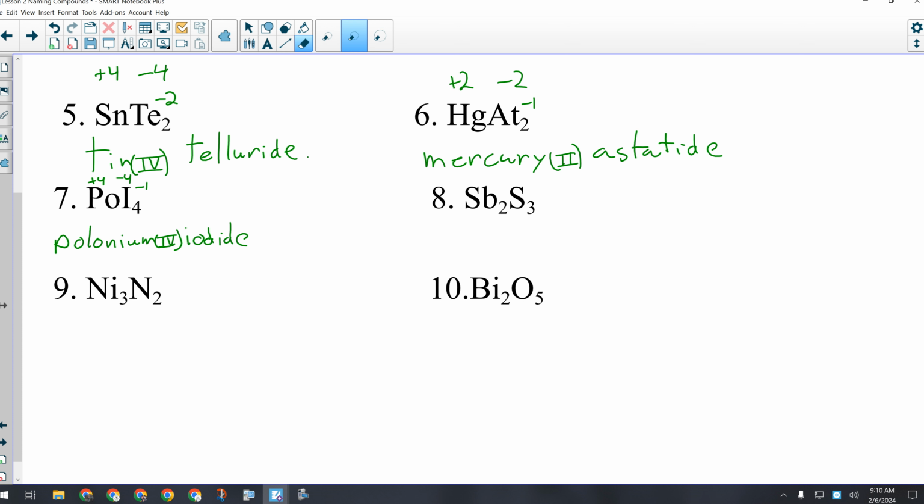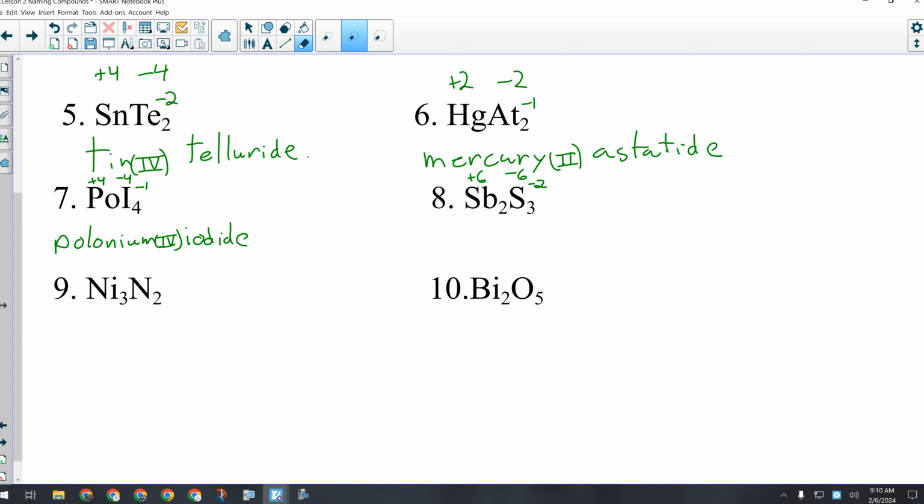Okay, for number 8, okay, we have antimony, which is Sb. Okay, so that's over here, and it can be a 3+ or a 5+, and it is with sulfur. Sulfur is in group 16, so it is always a -2. Okay, since I have 3 sulfurs, how many negative charges do I have? 6. All right, so I've got 6 negative charges here. Okay, that means I've got to get 6 positive charges out of 2 antimony atoms.